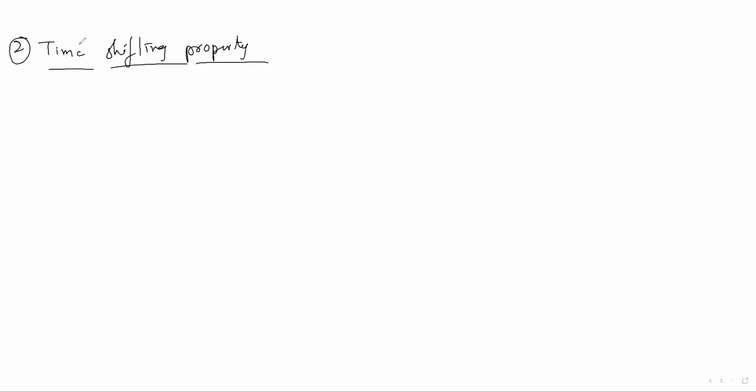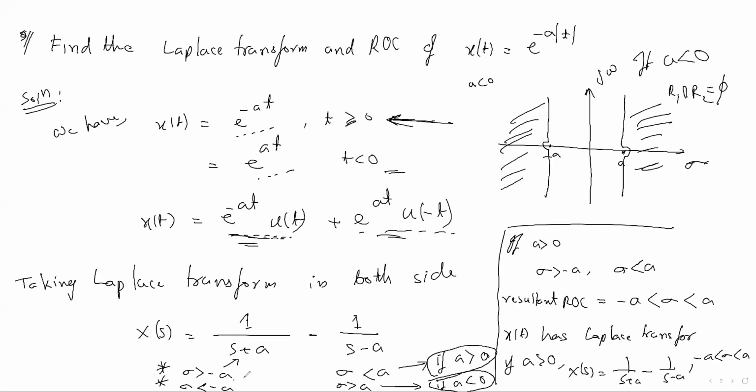Somebody asked a question about how we can write this, sigma less than minus a or greater than minus a, all of this. If you listen to my previous class, when I found the Laplace transform of e to the power minus at, there I explained this thing, how this ROC condition has come.